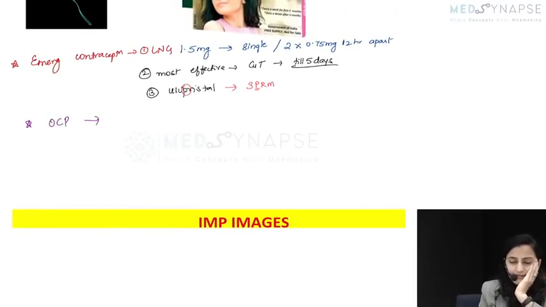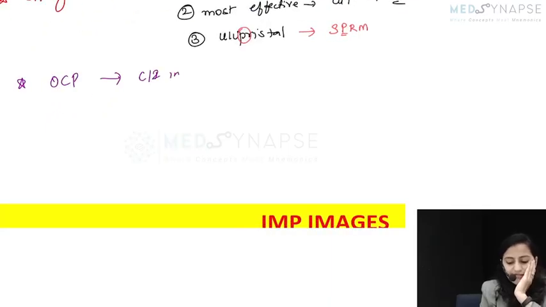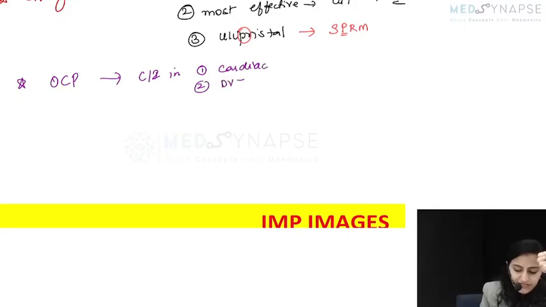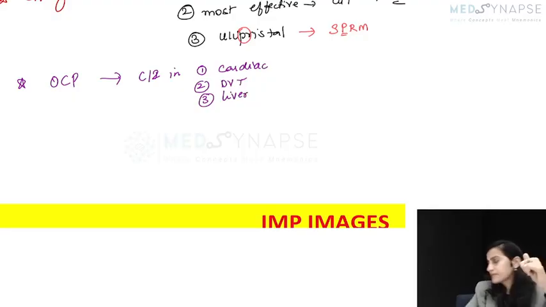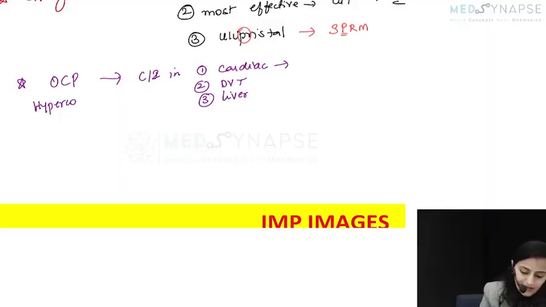OC pills are contraindicated in cardiac disease, DVT, even liver disease. Because when the patient is taking OC pills, it is what state? OC pills is a hypercoagulable state.